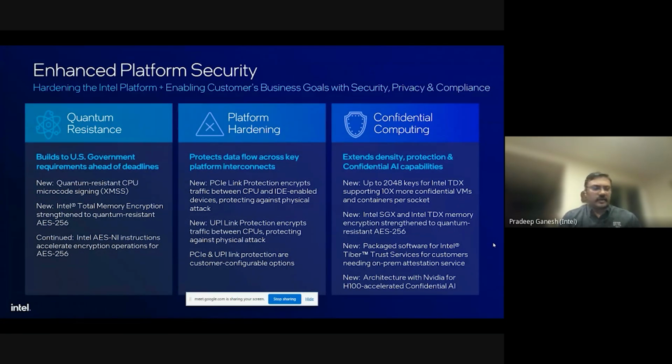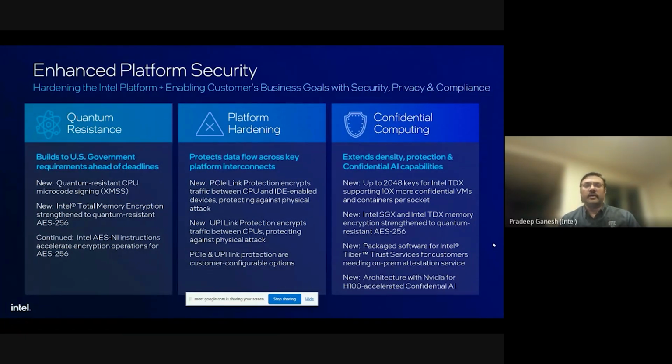That is from a quantum resistance perspective. From a platform perspective, we have added PCI link protection. So a CPU and an add-in card can now have a certain level of security against physical attacks because the link is encrypted. Similarly, socket-to-socket communication is also encrypted.